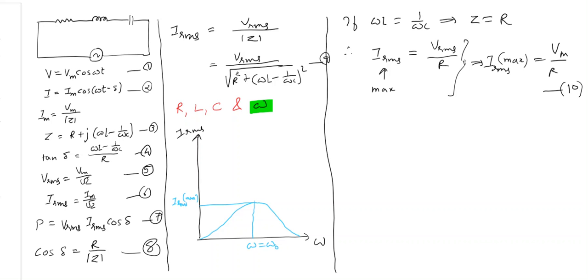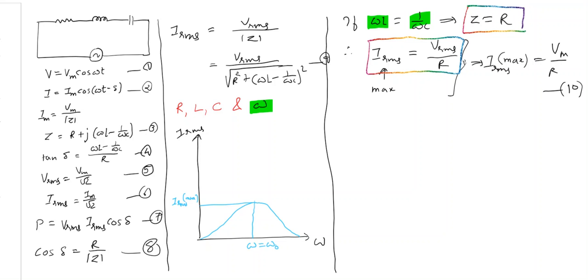So, if we are asked what is series resonance, the answer should be that in case of series LCR AC circuit, if inductive reactance becomes equal to capacitive reactance, the impedance of the circuit becomes minimum, which is equal to R, and as a result, current passing through the circuit becomes maximum. This phenomenon is called series resonance.